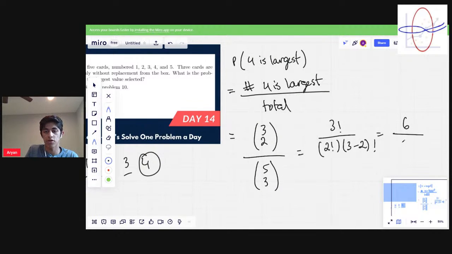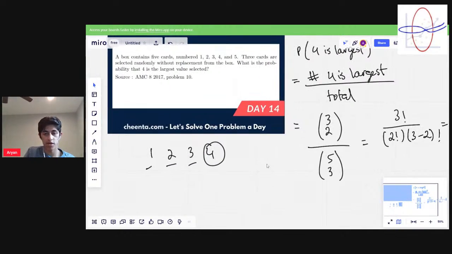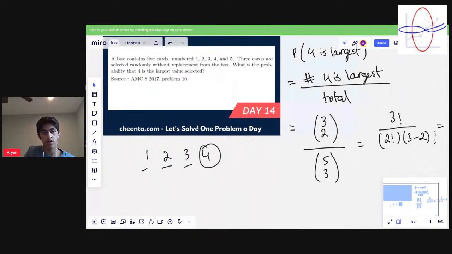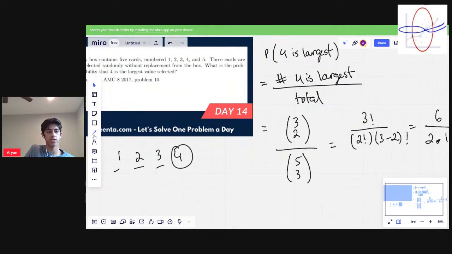And then our denominator would be 2 factorial is 2 times 1 factorial is 1. So this would be 3. And this basically means that you have 3 ways to pick your first card, 2 ways to pick your second card, and basically 3 times 2 is 6. So that's the idea of these coefficients.